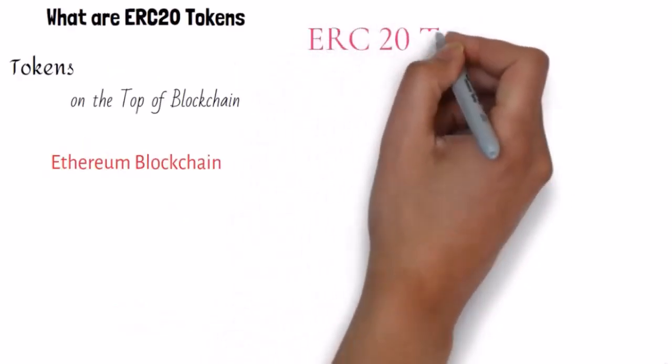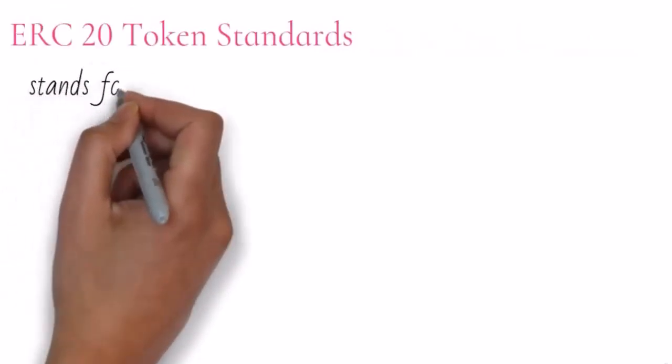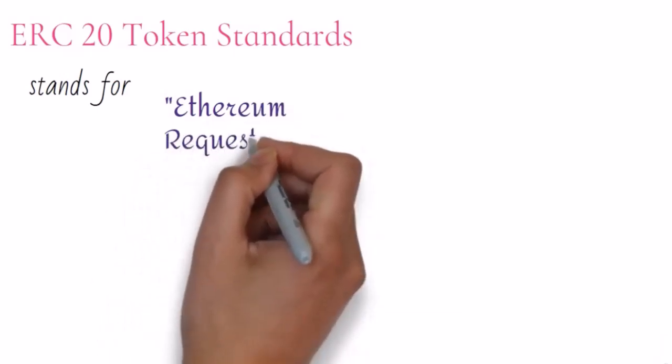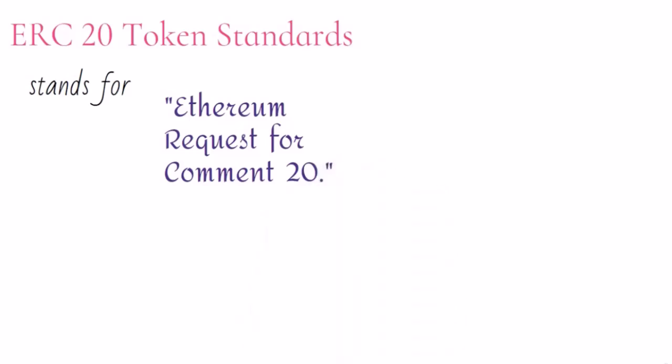What is the ERC-20 token standard? As we said before, tokens are created and executed on top of an existing blockchain. For this project, we use the Ethereum blockchain to create tokens. Now let's see what ERC-20 means. ERC stands for Ethereum Request for Comment, and 20 is the standard number.